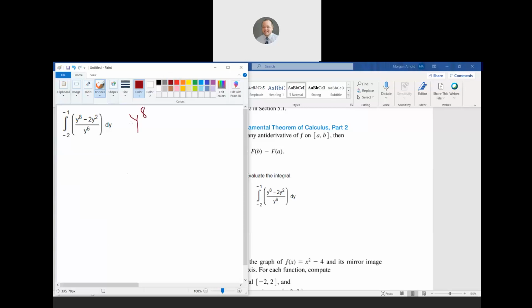So y to the 8th over y to the 6th minus 2y squared over y to the 6th. And using the quotient rule for exponents, you're subtracting the exponents. We get now y squared minus 2 minus 6 is negative 4.